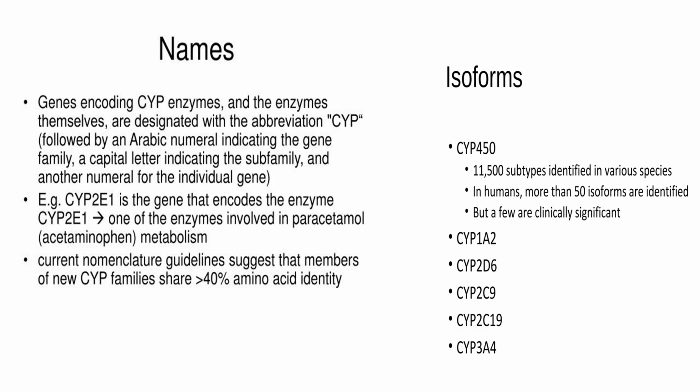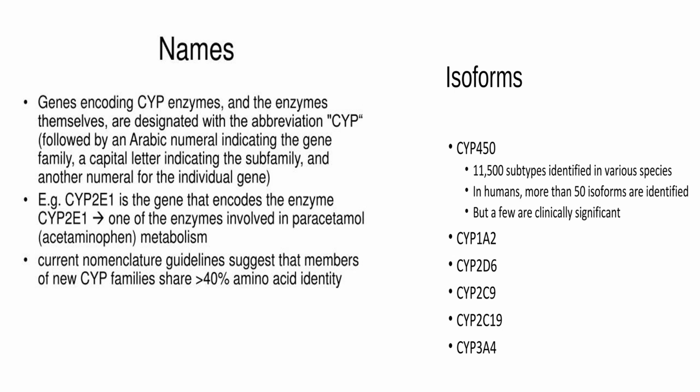So CYP is the common name of the gene or the enzyme, followed by an Arabic number indicating the gene family, followed by a capital letter that represents the subfamily, and a number representing the individual gene for that particular enzyme. So CYP2E1 is the gene encoding the cytochrome 2E1 enzyme, involved in paracetamol metabolism.